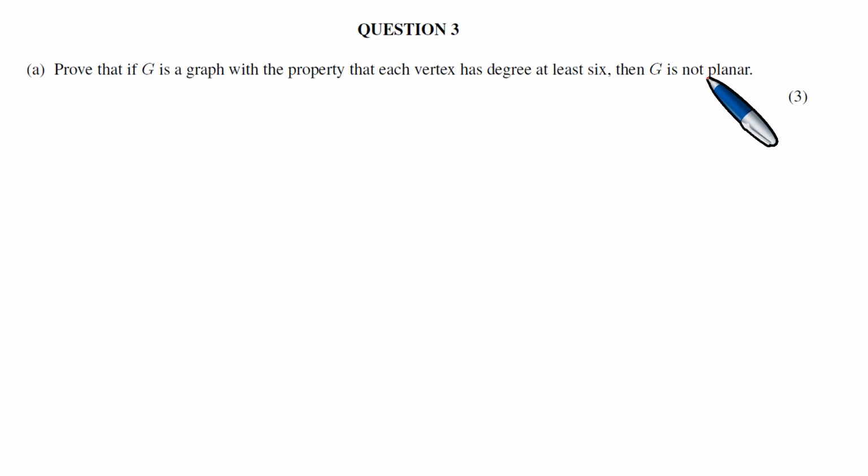Prove that if G is a graph with the property that each vertex has degree at least 6, then G is not planar. These are past exam questions.